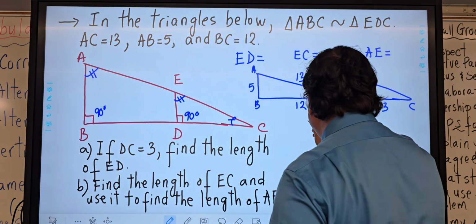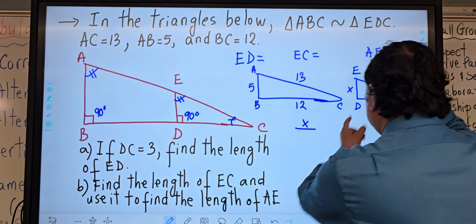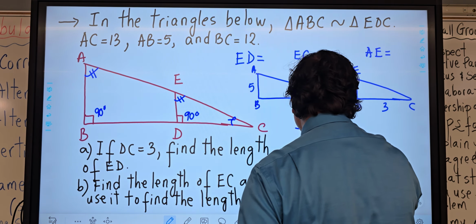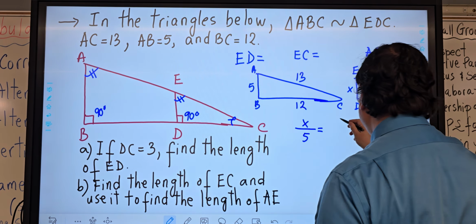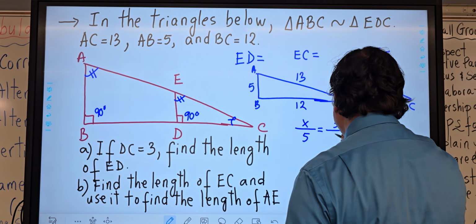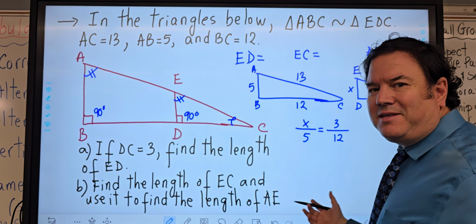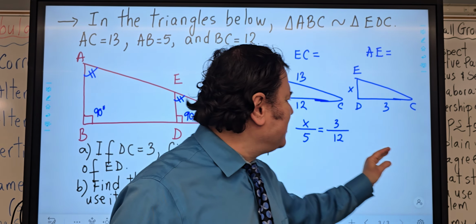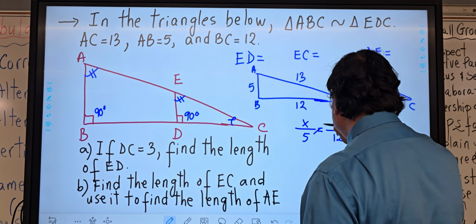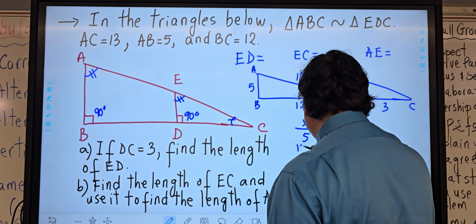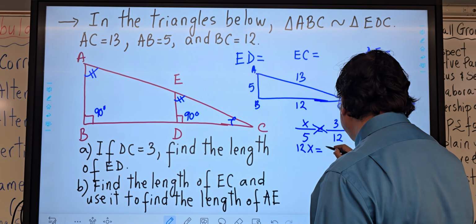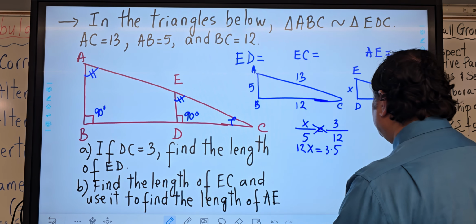So x divided by 5 should equal 3 divided by 12. Now we use cross multiplication to find x. 12 times x becomes 12x equals 5 times 3, which is 15.